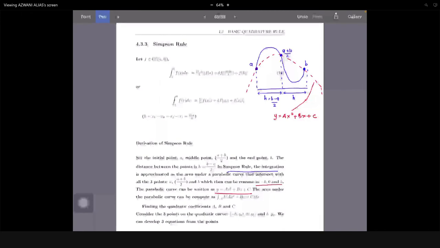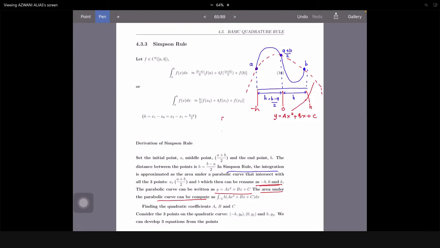okay, saya tertinggal info kat sini. So untuk memudahkan calculation, dia rename A, middle point dan juga end point tu jadi negative H, 0 dan H. Okay. And then barulah dia kata area under the parabolic curve can be computed as.